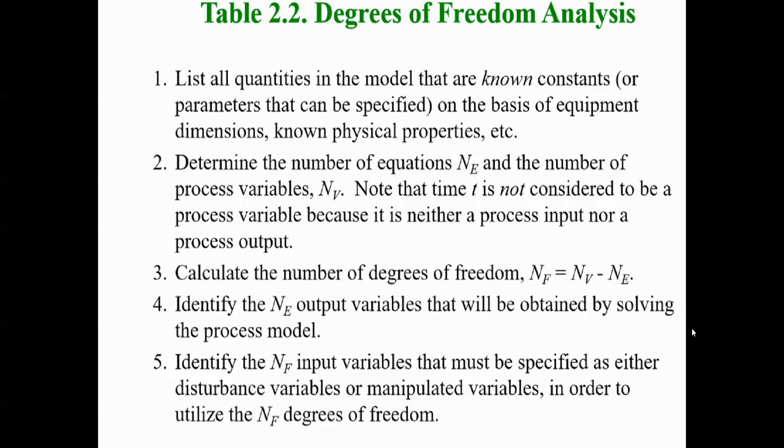Note that the time t is not considered to be a process variable because it is neither a process input nor a process output. And we can calculate the number of degrees of freedom N_F equal to N_V minus N_E. We can identify the N_E output variables that will be obtained by solving the process model. And we can identify the N_F input variables that must be specified as either disturbance variables or manipulated variables in order to utilize the N_F degrees of freedom.